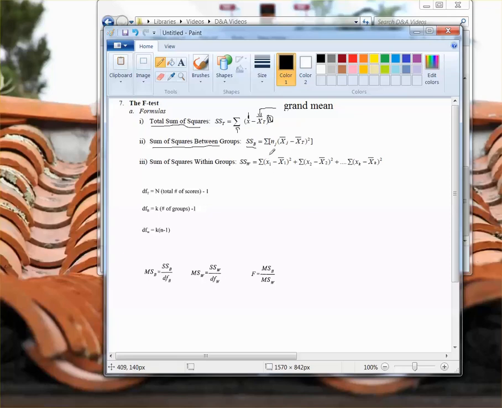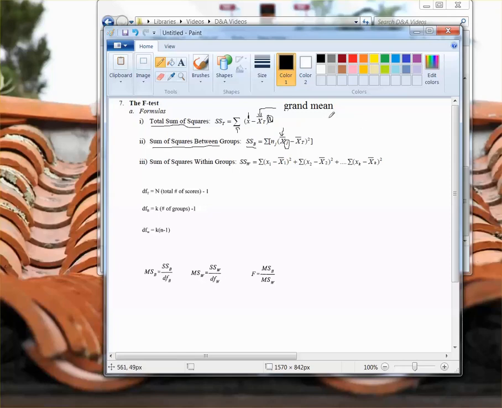And what we're going to do is take two numbers and subtract them, right? In this case, we're going to subtract this mean, which represents the group mean for any particular individual group. And that individual group has a subscript of J. So J represents your group.